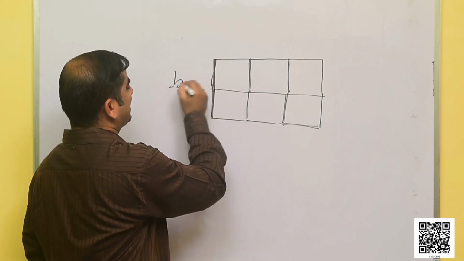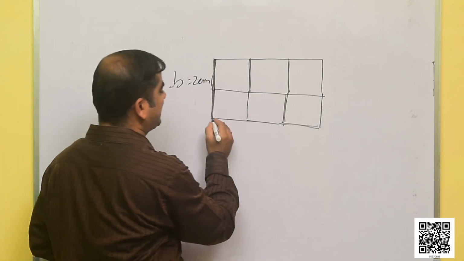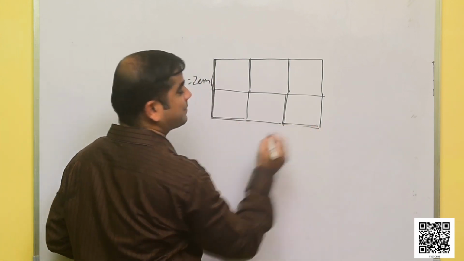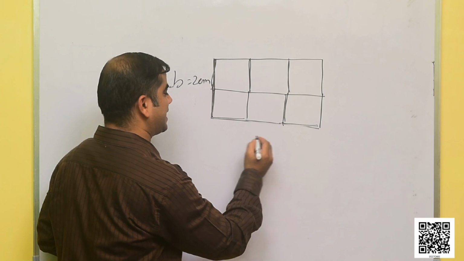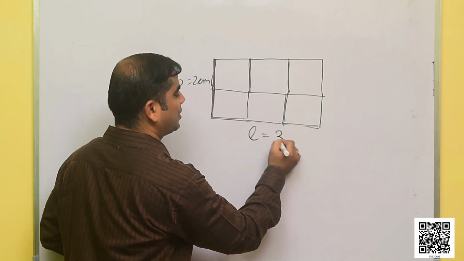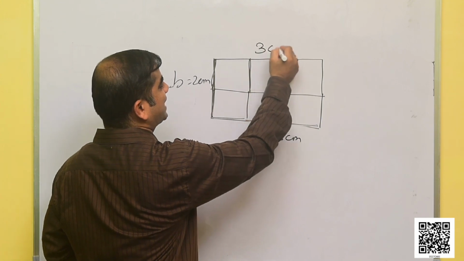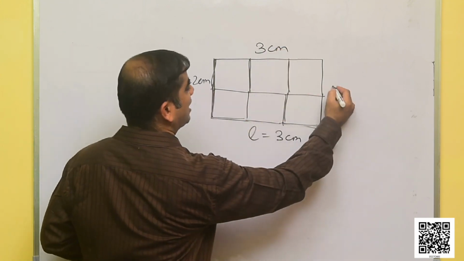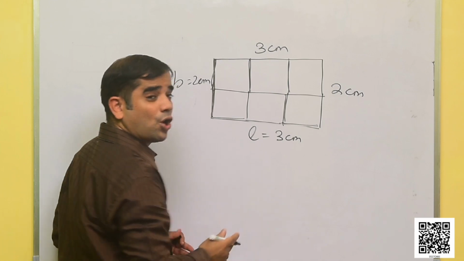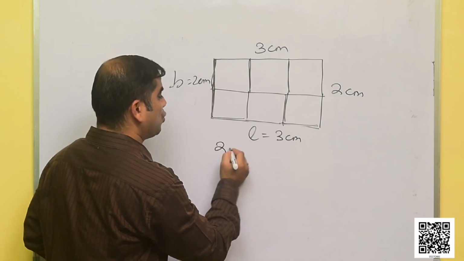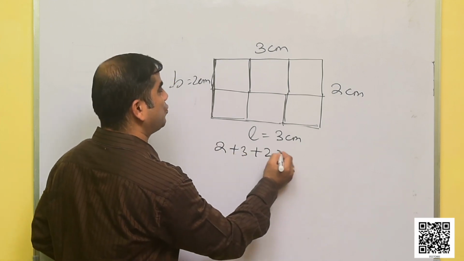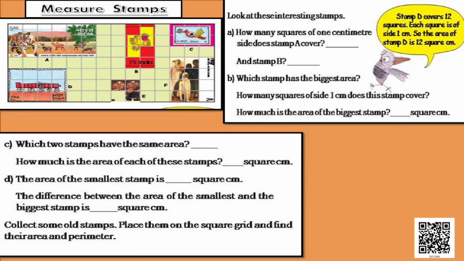So this is 2 centimeter. The length is having the base of 3 squares having side 1 centimeter. So length is equal to 3 centimeter. Opposite sides are equal. So this is also 3 centimeter. Opposite sides are equal. So this is 2 centimeter. So what is the perimeter? 2 plus 3 plus 2 plus 3, that is 10 centimeter.